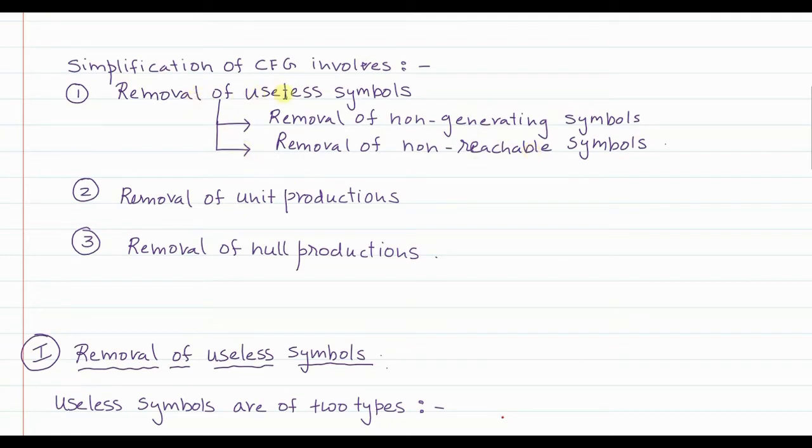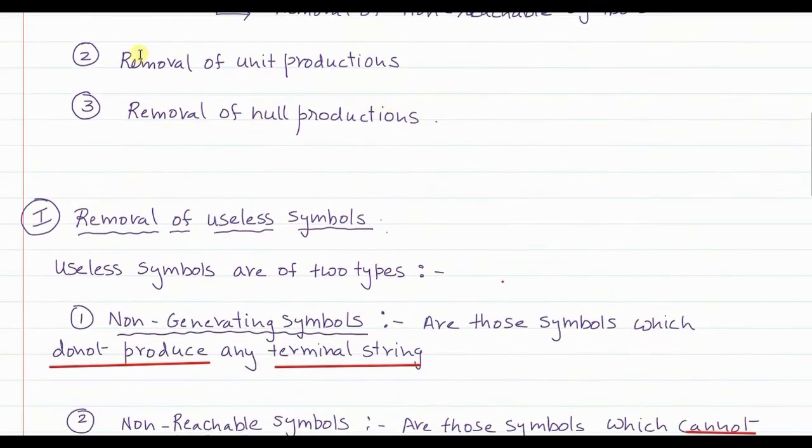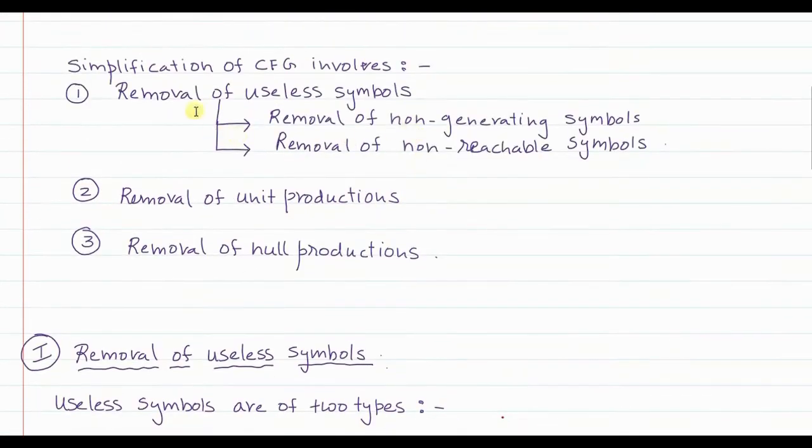After removal of useless symbols, the next process is removal of unit productions, which we shall see later on. And third involves removal of null productions. Once these three steps have been performed on the particular context-free grammar, the grammar is said to be a reduced grammar, compared to the original grammar.